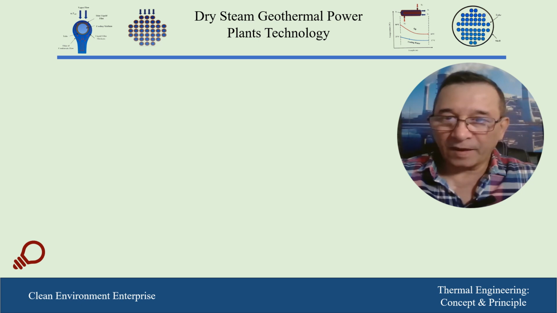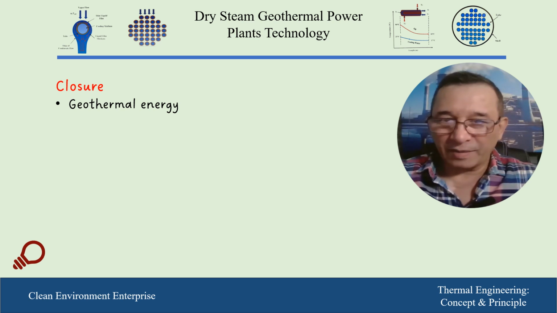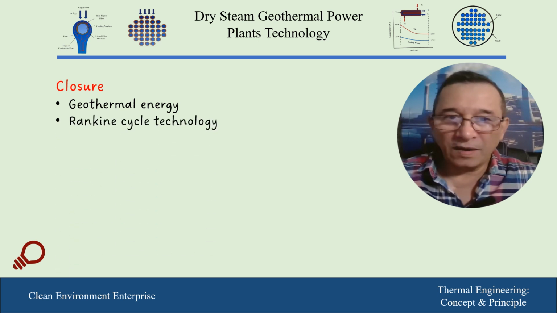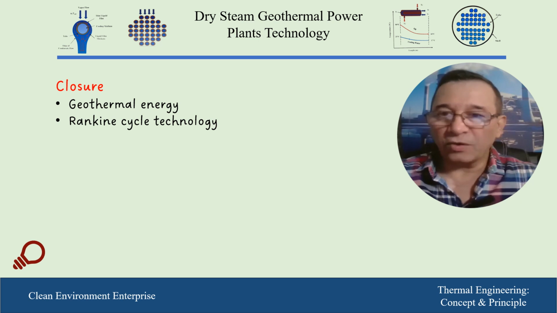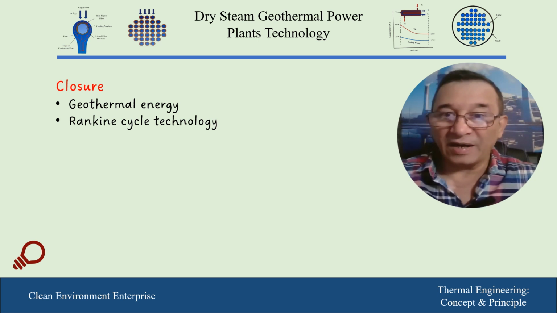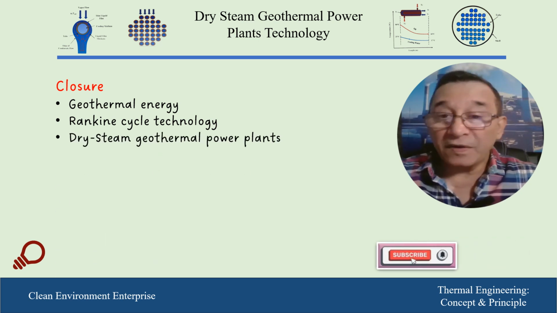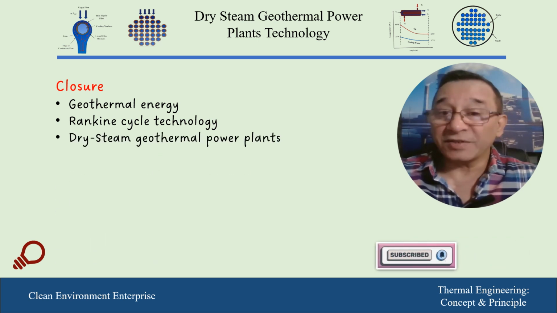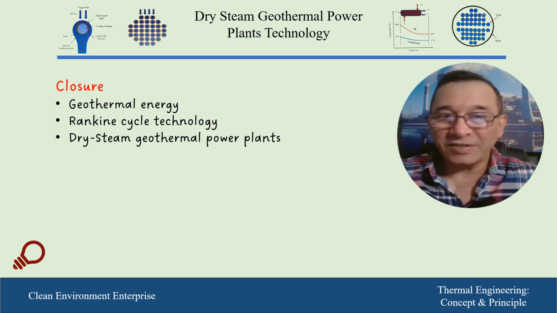We passed through the meaning of geothermal energy, Rankine cycle technology, and how it has the ability to change the energy to electricity, and its main components. And finally, we described the dry steam geothermal plants.